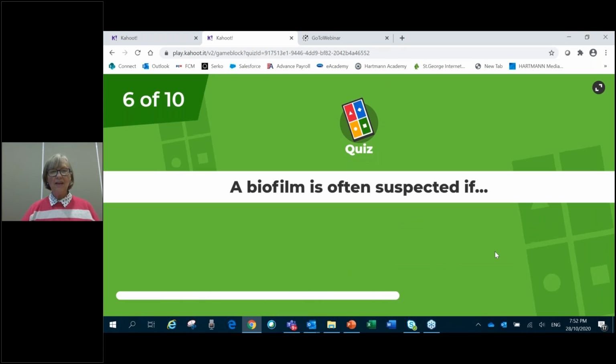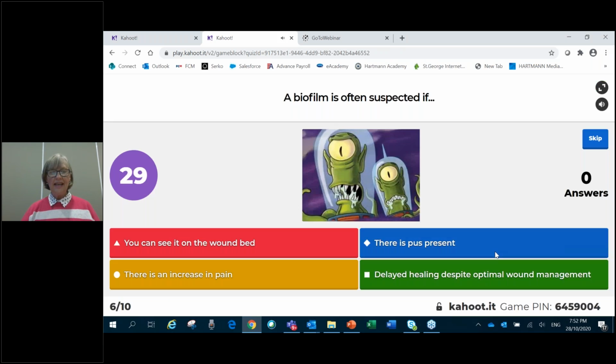Next one. A biofilm is often suspected if you can see it on the wound bed, there's an increase in pain, there's pus present, or delayed healing despite optimal wound management. Again, this is something from the second webinar.